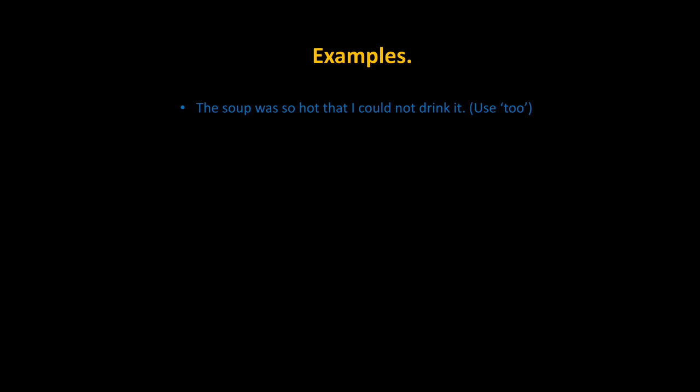Another thing we can see is that the sentence is in negative form. So the answer is: The soup was too hot to drink. It becomes affirmative. The words "could not", which indicate the negative sentence, are removed when we use "too" in the sentence.